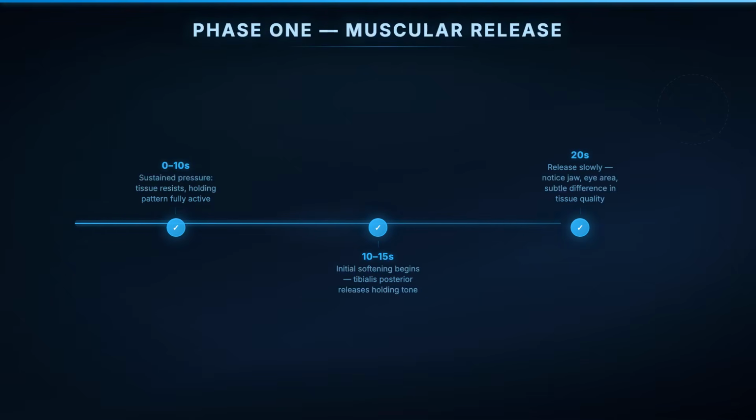Release slowly. Not quickly, slowly. Take your thumb away over the count of 3. Notice your jaw. Notice the area around your eyes. For some people, the change is immediate. For most, there is a subtle difference, a faint sense that something is slightly less held. That is what you're looking for. Not transformation, a change in the quality of held tension.